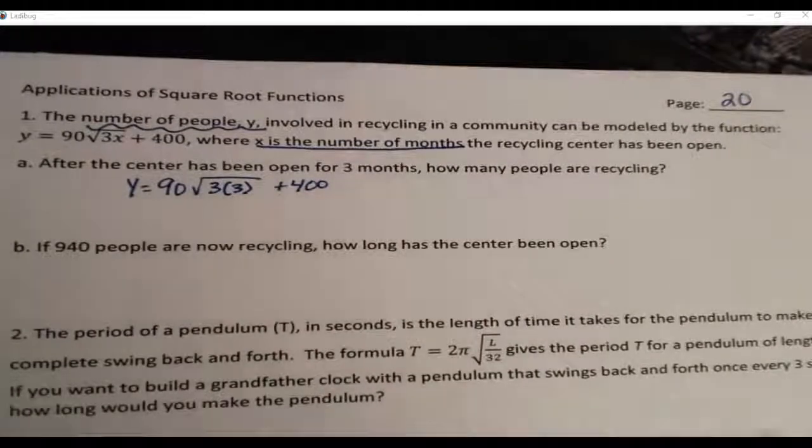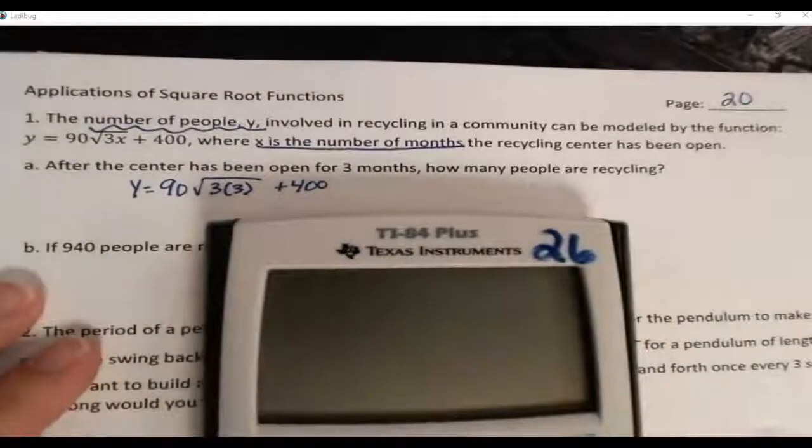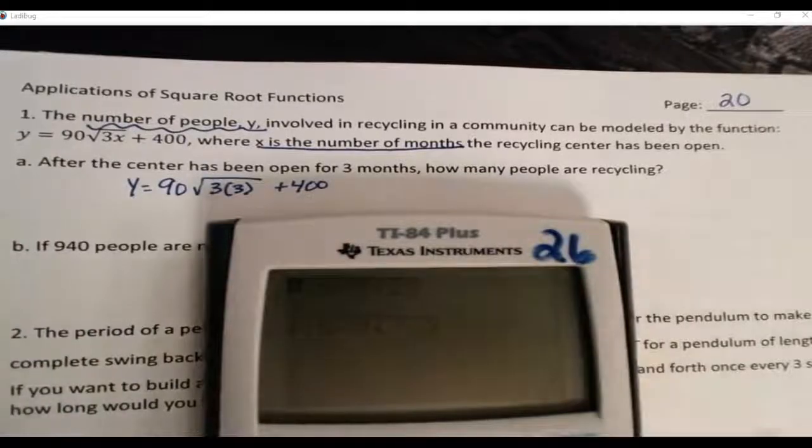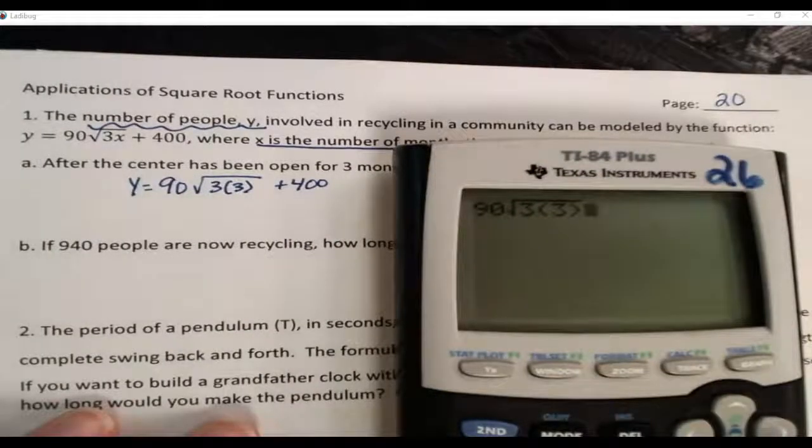And so we want to know the number of people, which is y. Well, y is already by itself, so we just type that right on in our little calculators. So 90 square root of 3 times 3. And then to get outside of the square root, you hit over on your little arrows, plus 400.